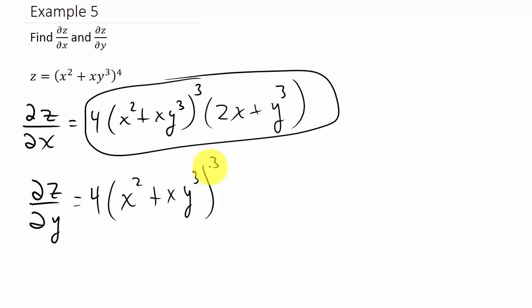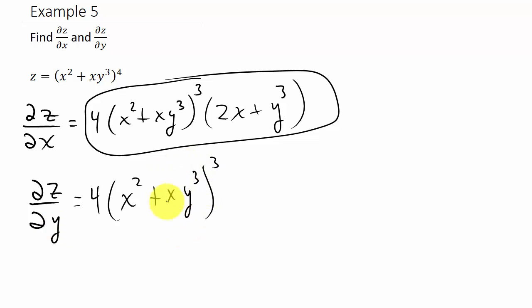Okay, times the derivative of what's inside the parentheses. So I've got to take the derivative of x squared plus xy cubed. Well, what's the derivative of x squared? Remember, x is a constant because we're taking the partial with respect to y. X is a constant, so the derivative of x squared is 0.